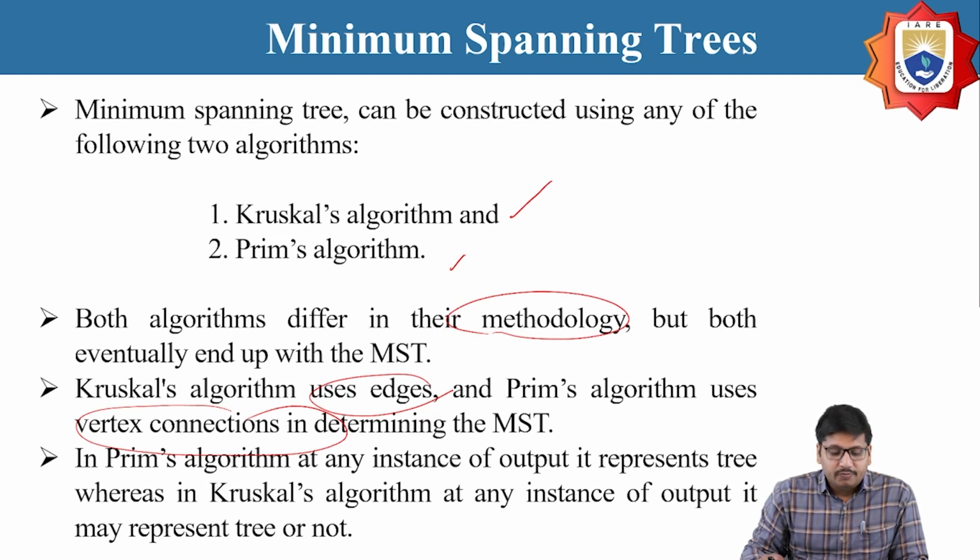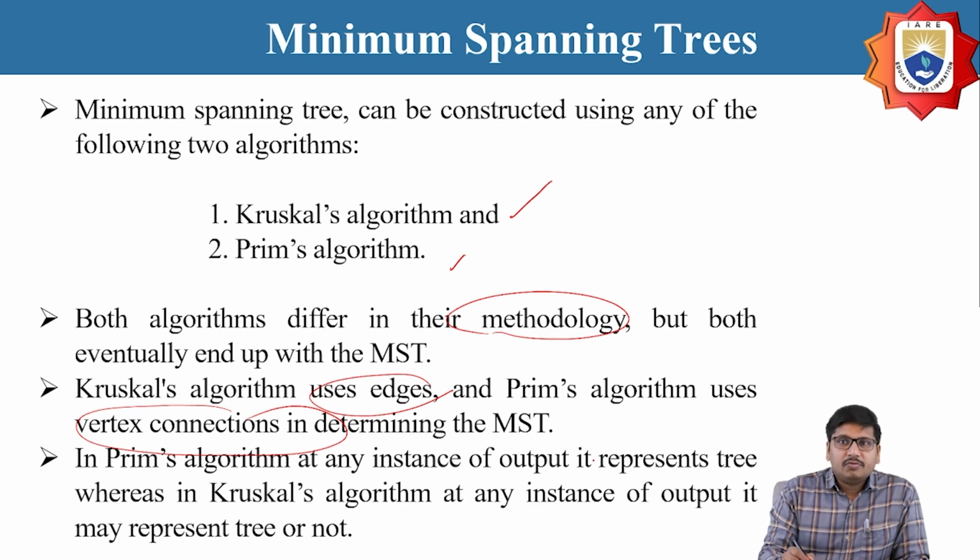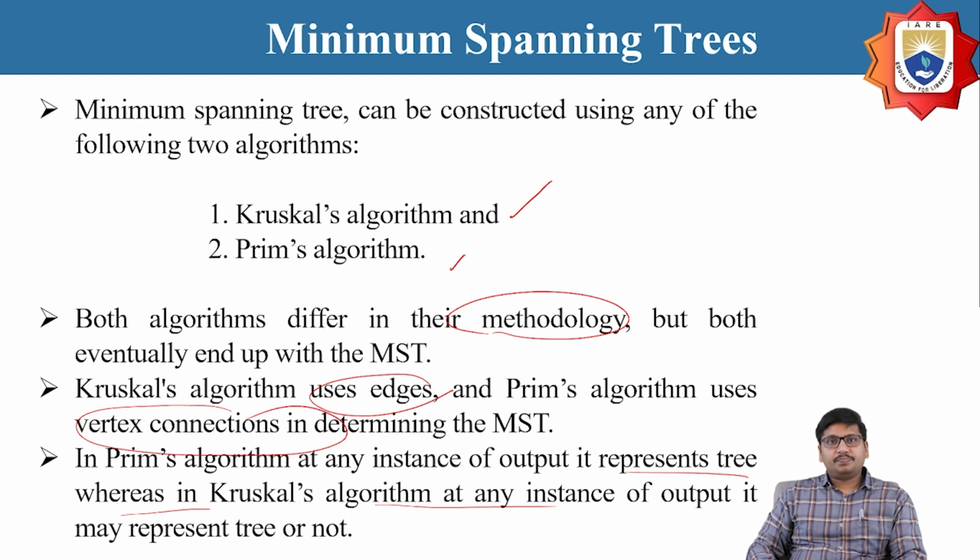This is the only difference between Kruskal's and Prim's algorithms. In Prim's algorithm, the output is always a tree, whereas in Kruskal's algorithm, the intermediate output may or may not represent a tree.